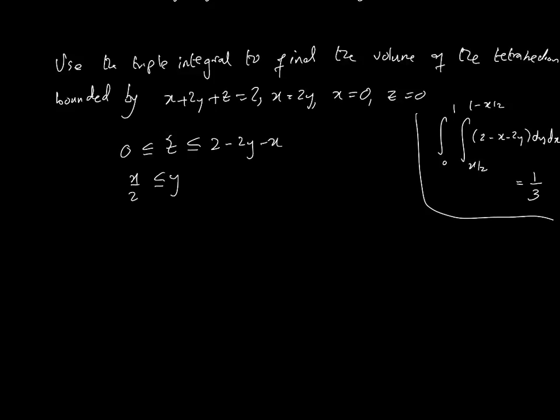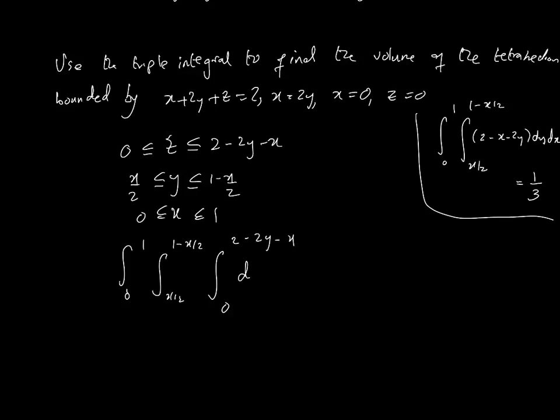It would be between x over 2 and 1 minus x over 2, and your values of x would be between 0 and 1. Now, the interesting thing is, when you calculate the volume of this tetrahedron, the integral would be 0 to 1, x over 2 to 1 minus x over 2, and of course 0 to 2 minus 2y minus x, and all you would be doing here is dz dy dx.